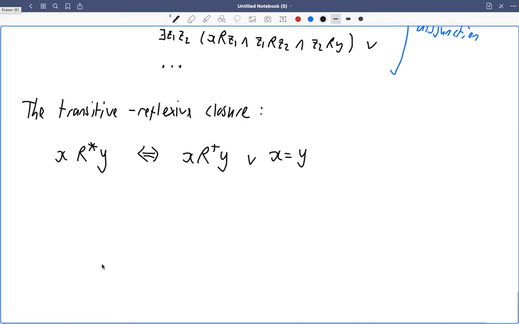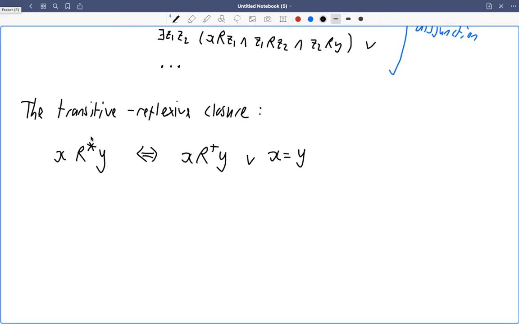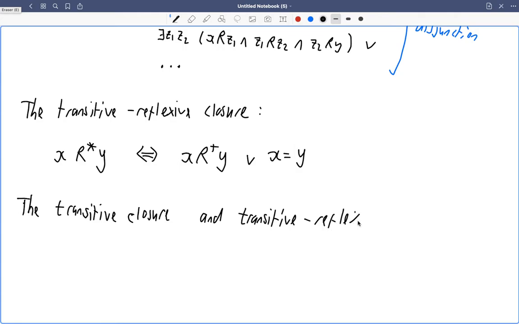So what I want to end today by showing is that transitive closure and transitive reflexive closure are not definable in predicate logic, in first order logic.